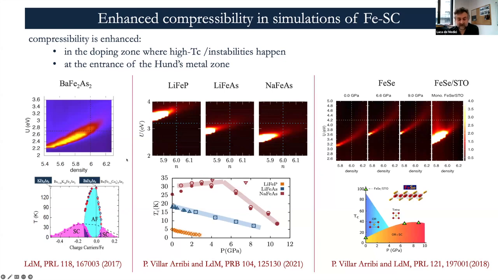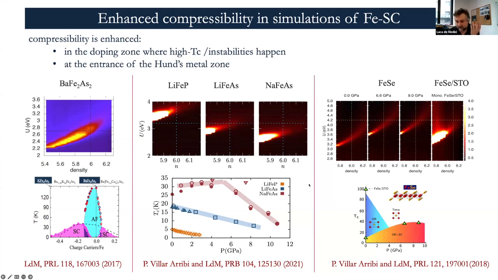I will summarize this very quickly by saying that we find this moustache, so either the charge instability or at least the enhancement of compressibility which stems from it, always where we find the highest Tc. It seems to correlate with the Tc in the different compounds.